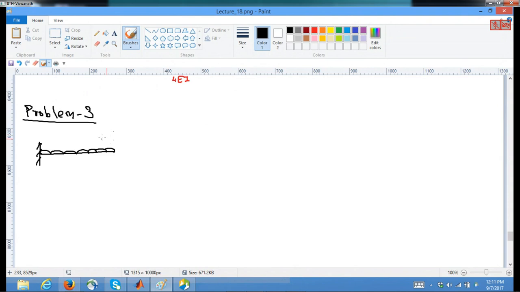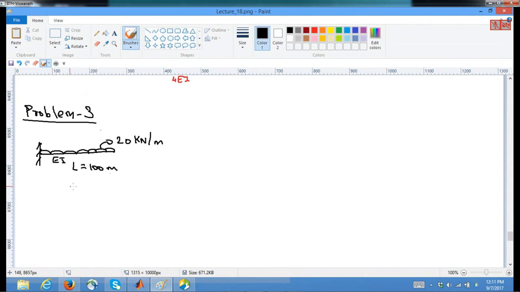Let us take the load to be 20 kilonewton per meter, and let's take length equal to 100 meters, and the stiffness as EI.